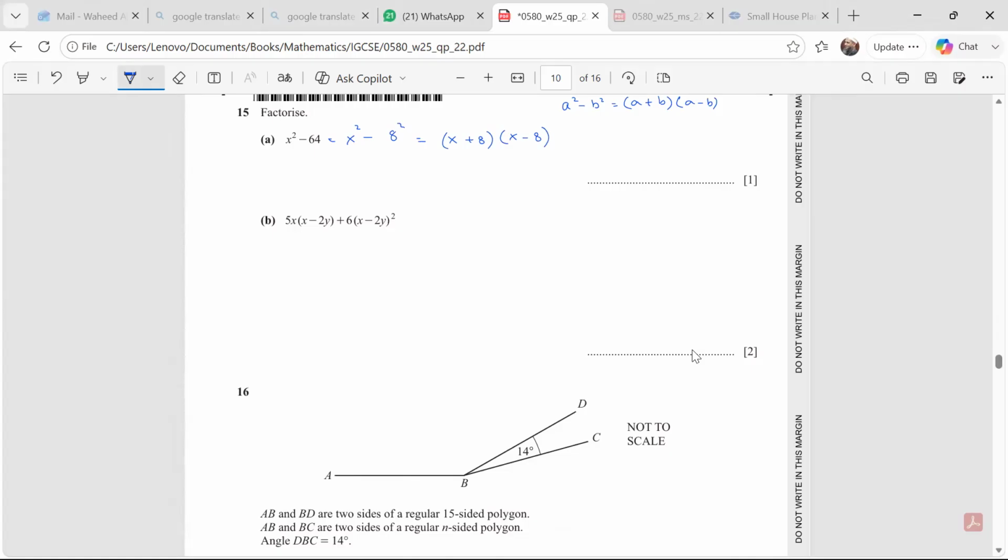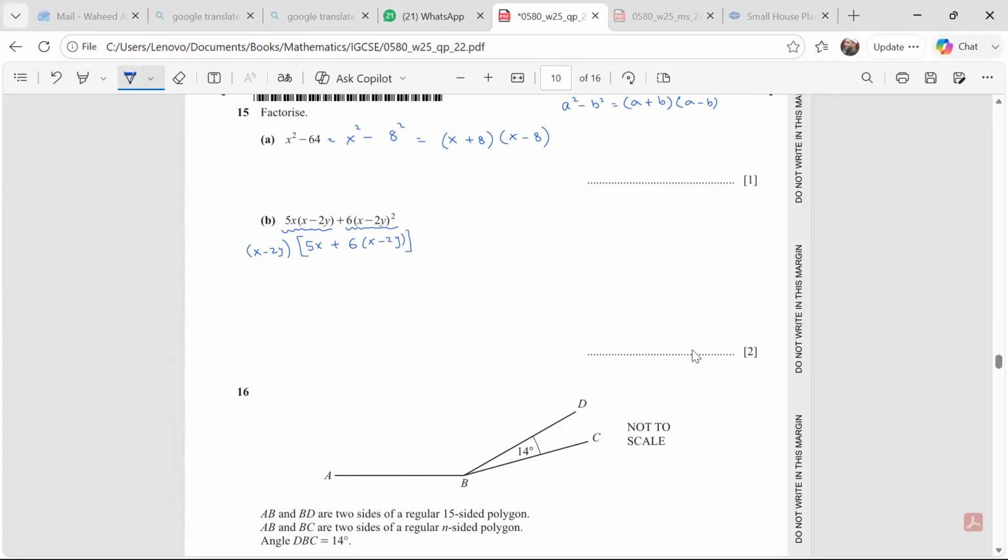Okay, easy. Now part B, we have to factorize this expression. You see, in this part and in this part, this bracket x minus 2y is common. So if I take this x minus 2y, the whole bracket, common outside, inside I will have 5x, and plus from here, this is power 2, so I have taken one power out, so it's 6 times x minus 2y.